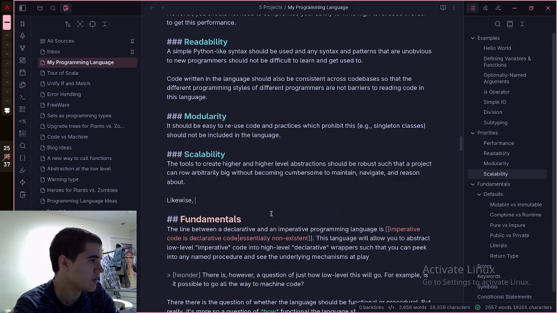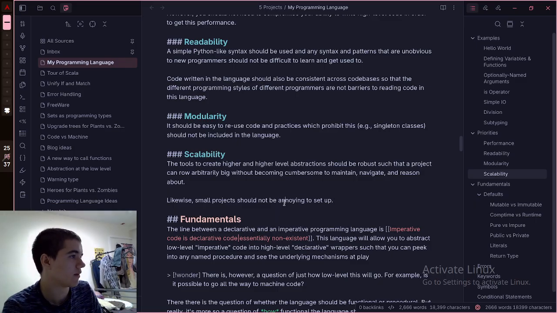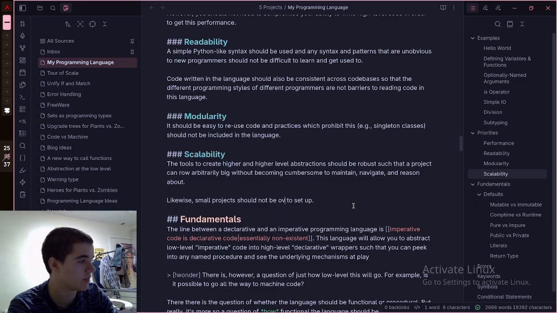Likewise, small projects should not be annoying to set up, or overly verbose to set up. Let's see.